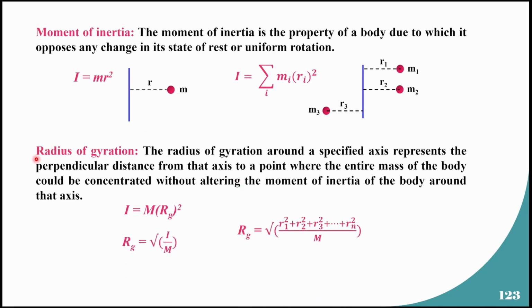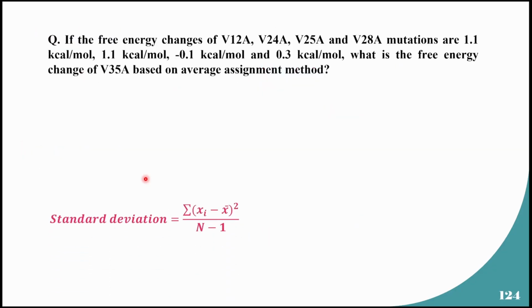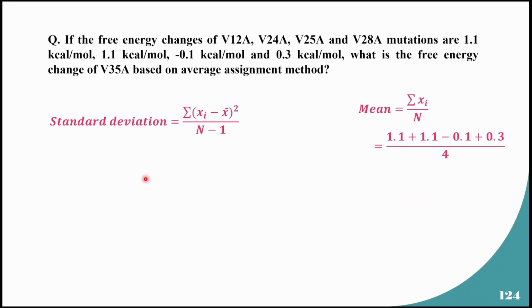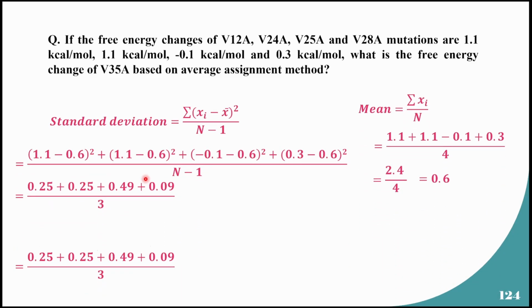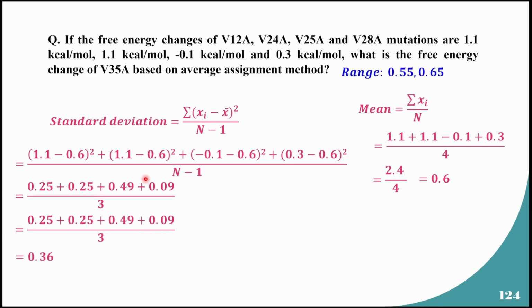Radius of gyration particularly tells you if a structure is getting more or less compact in a sense. And then Professor Tumi had discussed something called average assignment. The average assignment is very simple.